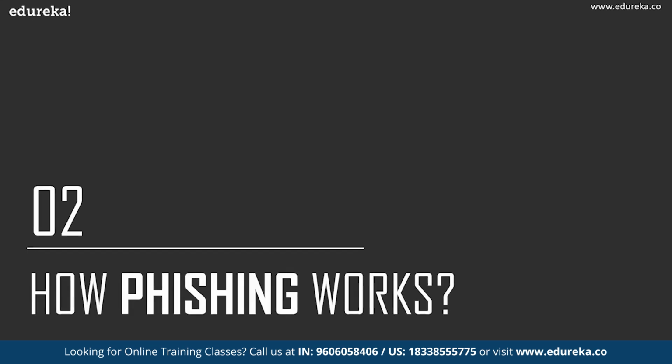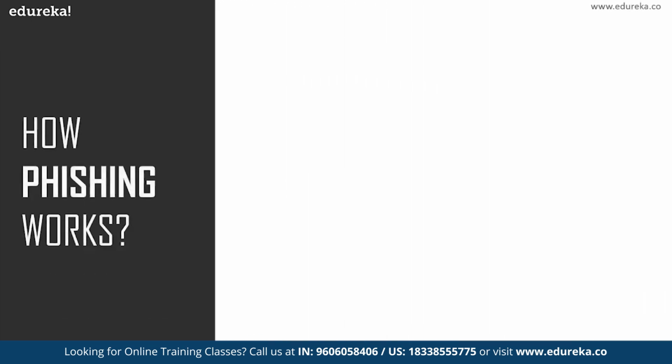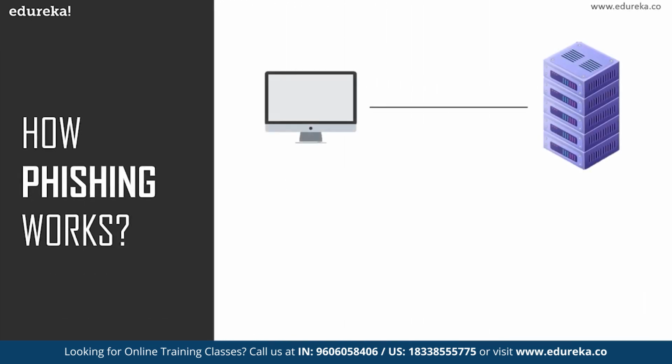Like I told you, phishing is web-based and is mainly used to steal credentials. So we need a web application that is using a web server. Every web application is connected to a web server. When you're using a web application, data, the packets, the information, is sent from your web application to the web server and from the web server back to your web application. This is how the communication between the web application and the web server happens.